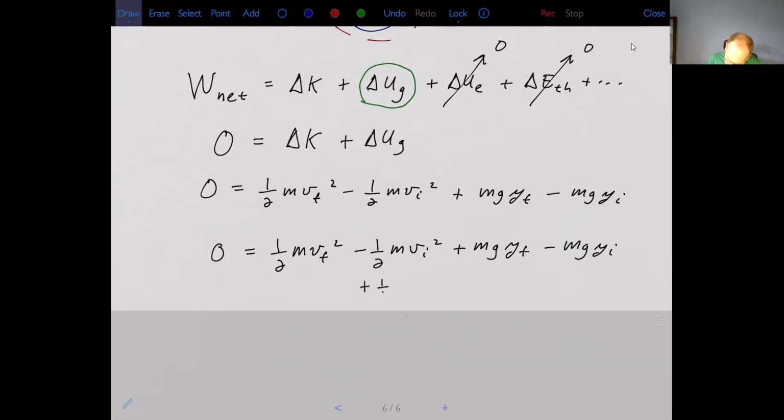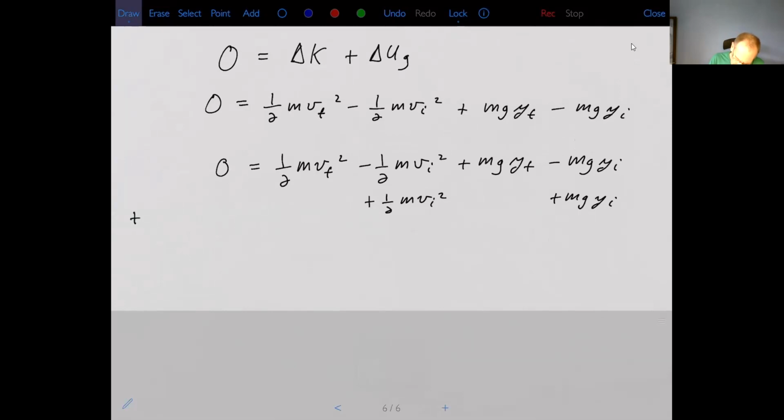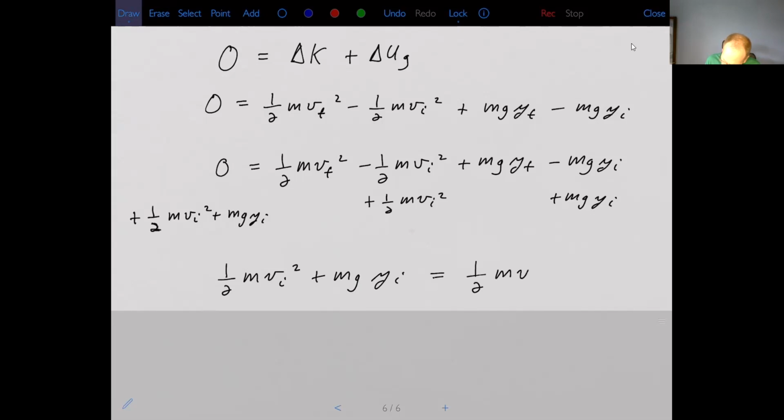Let me add these two terms that contain the initial velocity and initial height to both sides. So what I'm going to get for the final result is, on the left-hand side, 1/2 m v initial squared plus mg y initial. That's going to equal, on the right-hand side, 1/2 m v final squared plus mg y final.